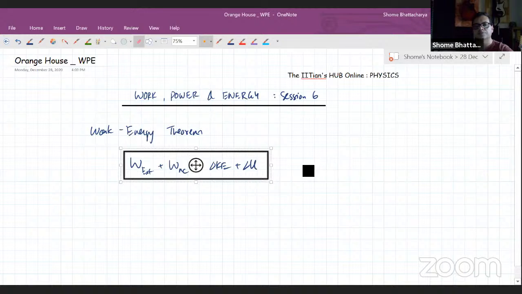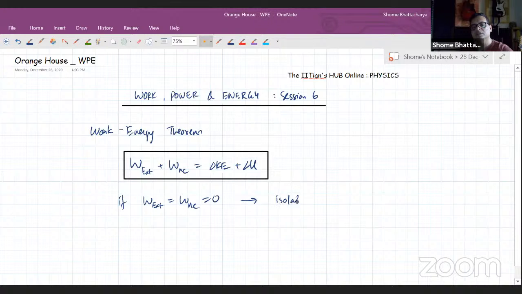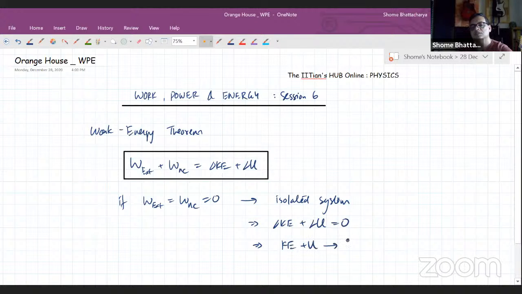And we also saw that if the work done by external forces and the work done by non-conservative forces is zero, then it's called an isolated system. So in such a system, the change in kinetic energy plus the change in potential energy is zero. That means the sum of kinetic energy plus potential energy is conserved.